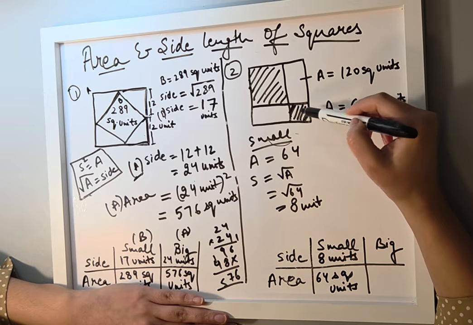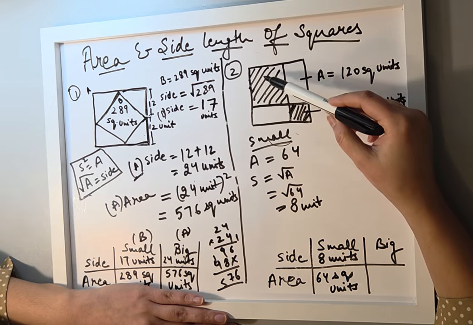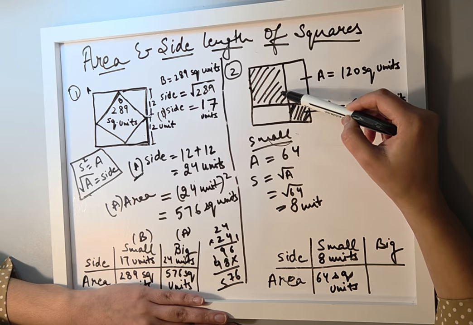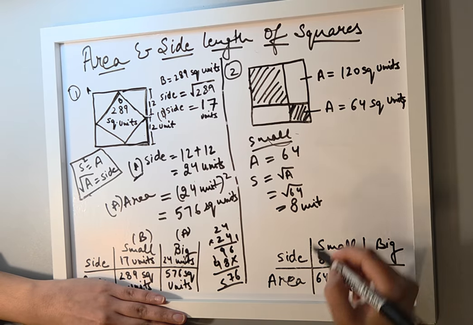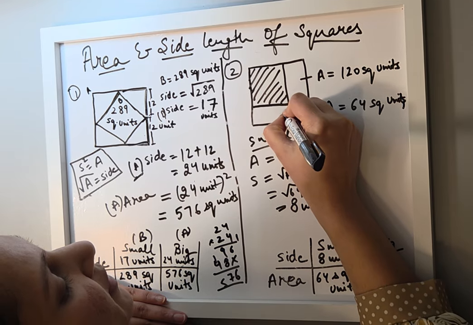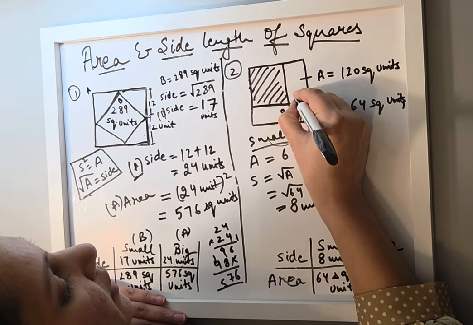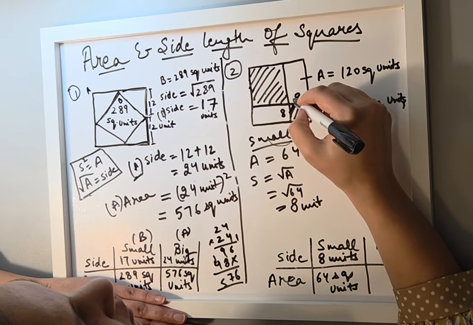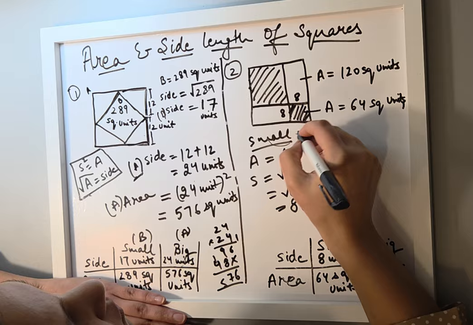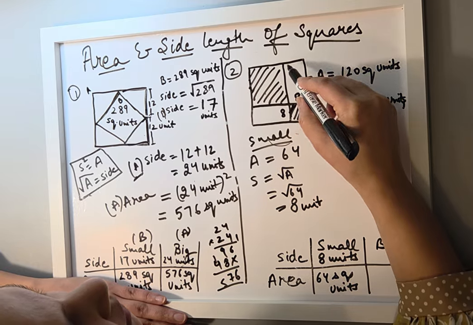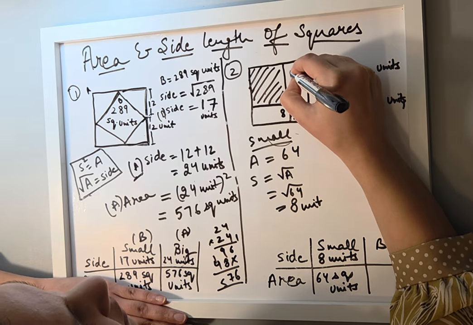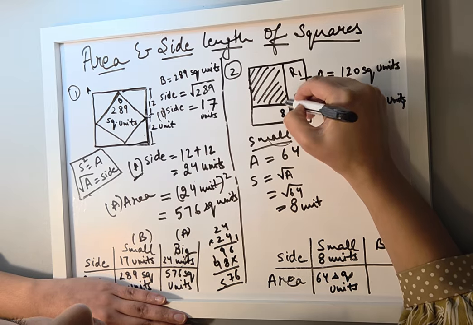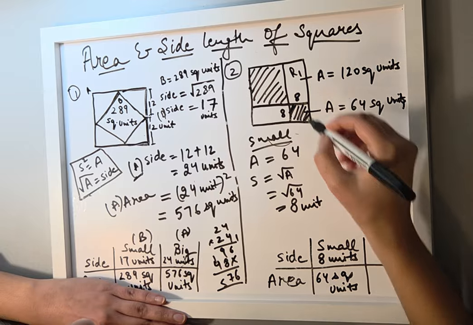Now for the big square, we don't know the side, we don't know the area. What do we know? This small one has the side as 8. Let me write 8 here. We know the area of, let me name this figure rectangle 1.